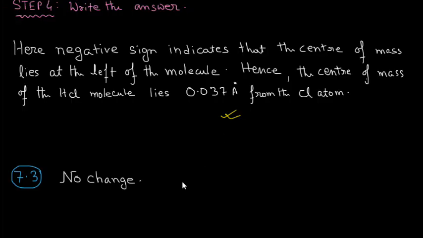The answer to this question is no change. Now let us try to understand why this is the answer. The child is running arbitrarily on a trolley moving with a velocity.